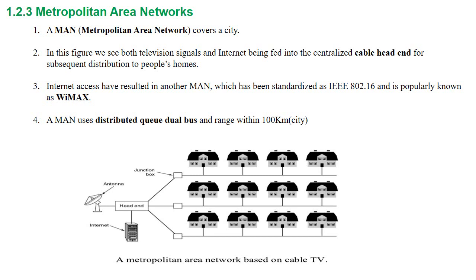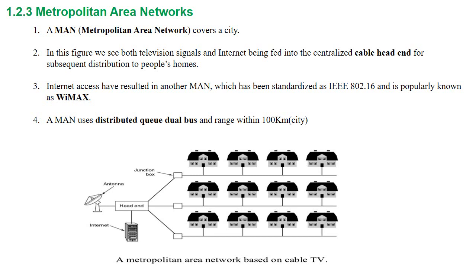In this figure you can see there is internet and also the television signals, which are centralized. For example, here they have given the cable television connection to all the homes. So it is using both the internet and the cable TV antenna. By using the internet, it is going to access and transfer the data.